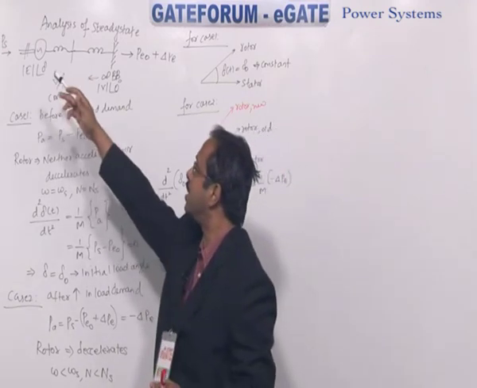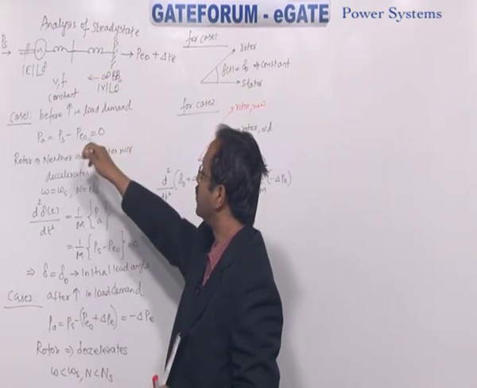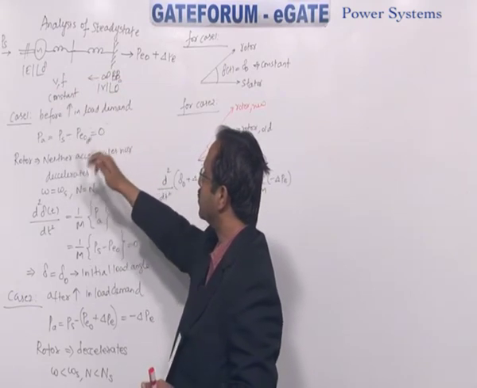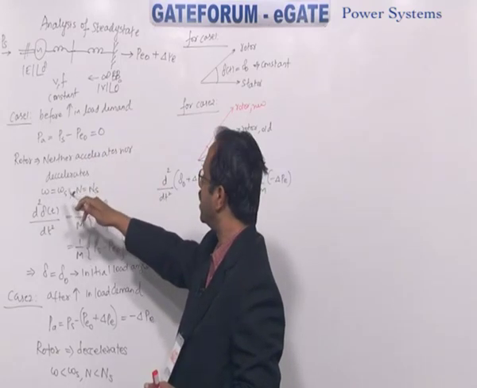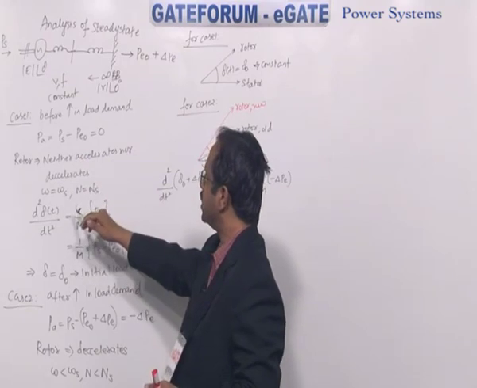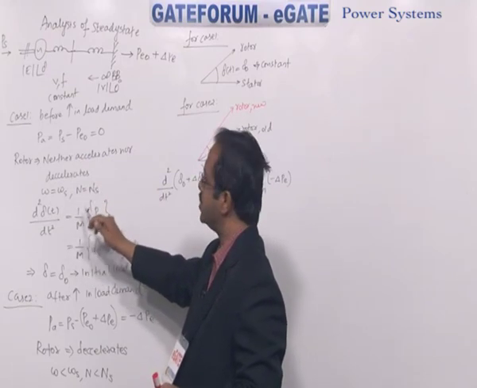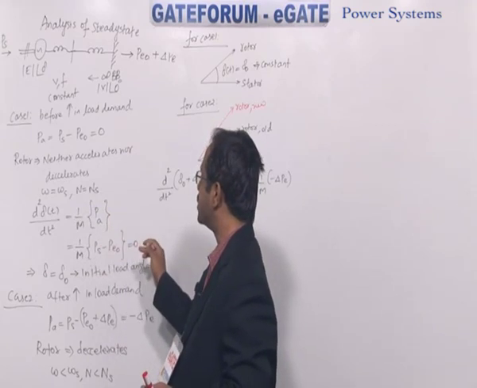So mechanical input is the same as electrical output, initially Pe naught. So Pa is 0, so the rotor neither accelerates nor decelerates. Omega is omega s, or n equal to ns. So d square delta by dt square is 1 by m Pa. How much is it? 0.